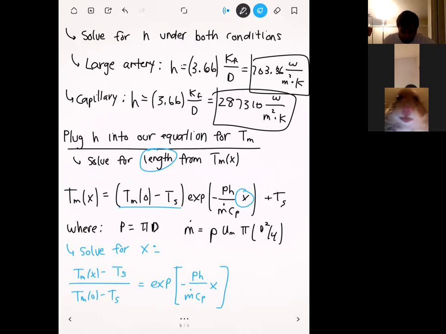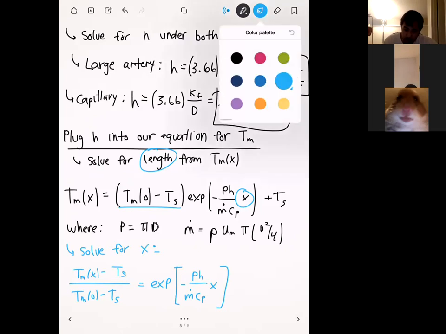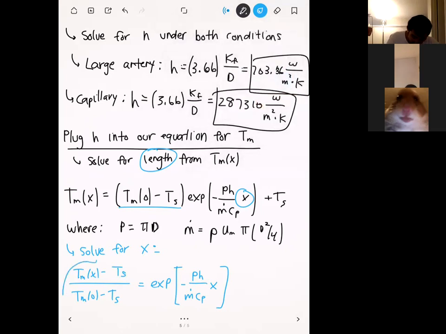And so what we can do here is, since we're solving for the length required for the temperature to reach 5% of the tissue temperature, we can set this whole quantity right here equal to 0.05. Okay. And so what that says is that initially what we have is a Tm of 0 minus Ts, right?